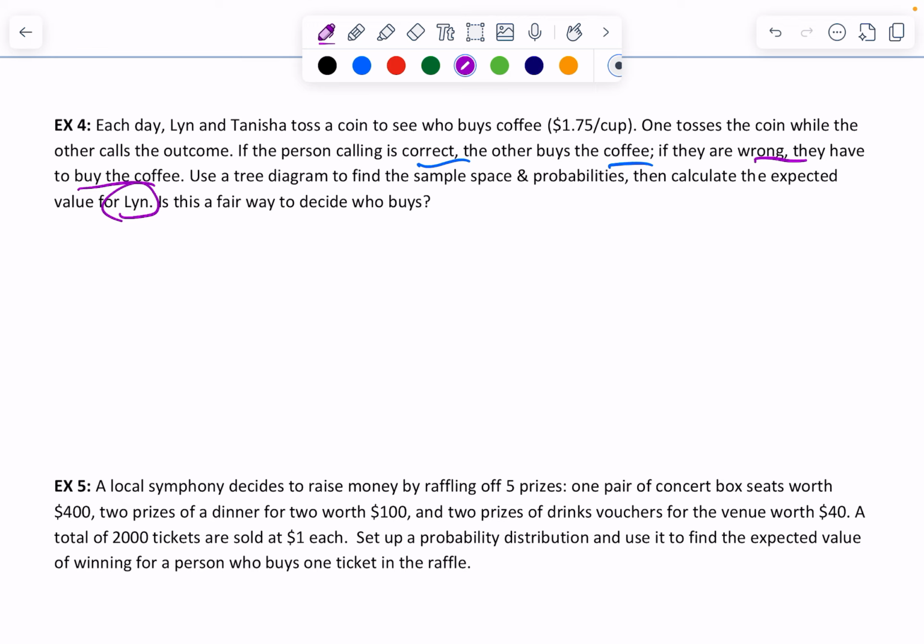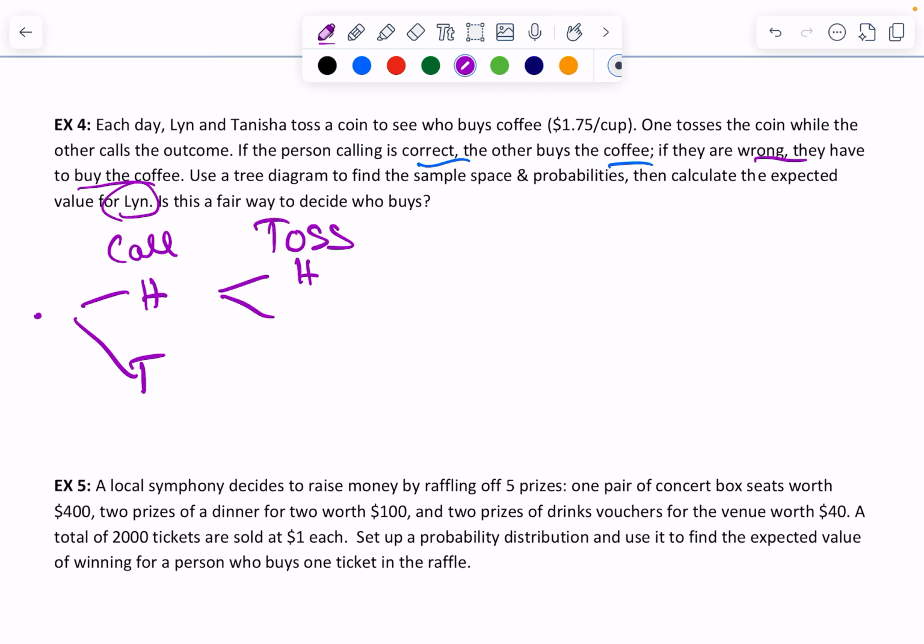Okay, what are we doing here? Here's the call. Either you call heads or tails, and then it's being tossed, so it can be heads or tails on either call. If it's called heads, we can have heads and heads, or heads and tails.